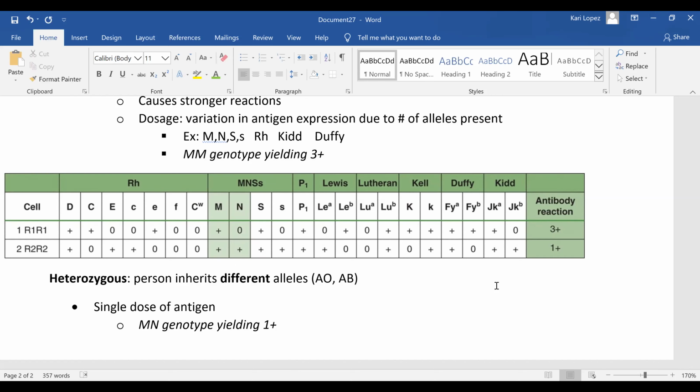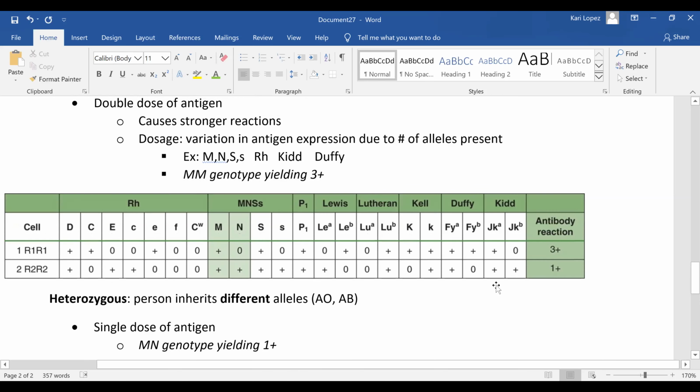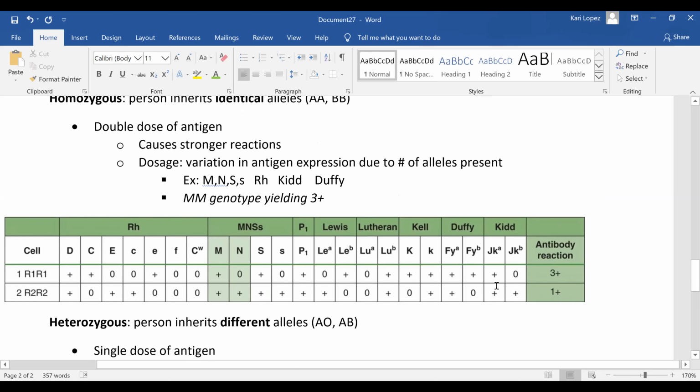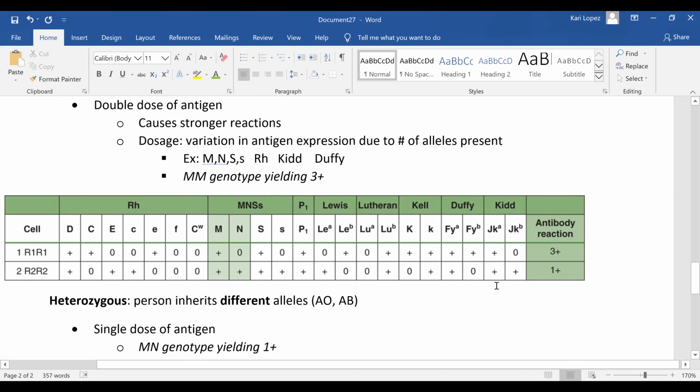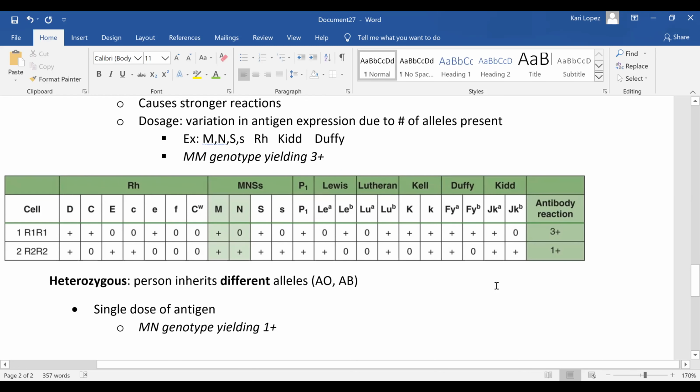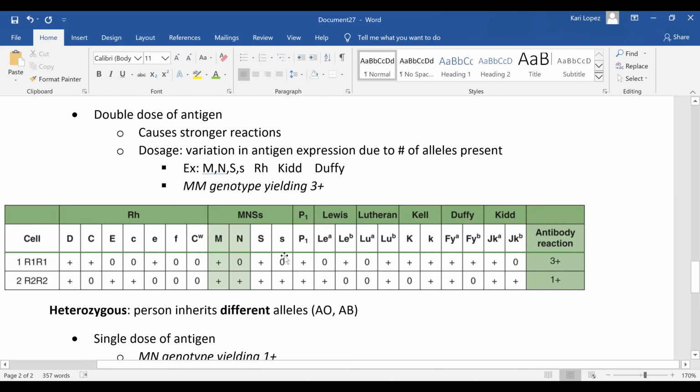So for it to be homozygous, one of them has to be negative and the other one has to be positive. To be heterozygous, they both have to be positive or negative. No, it depends on the antigen. It doesn't 100% work like that.